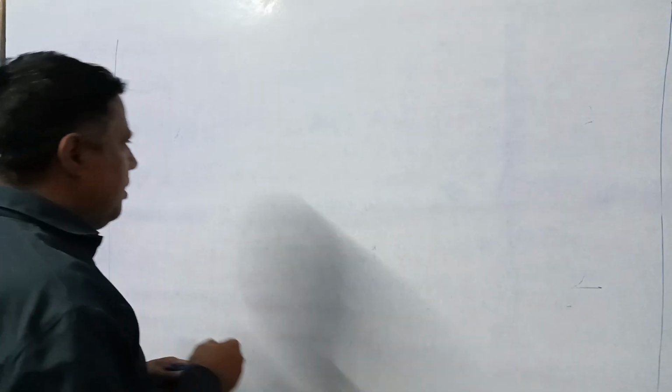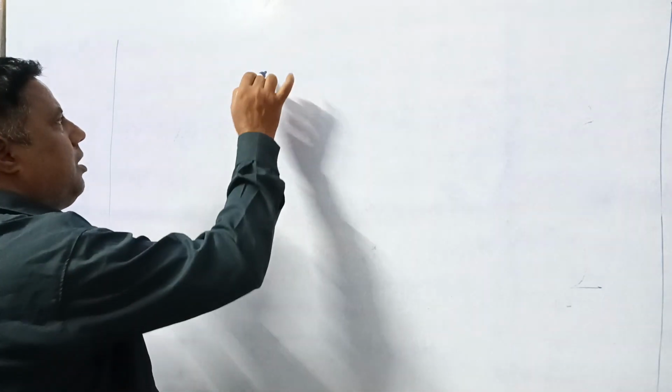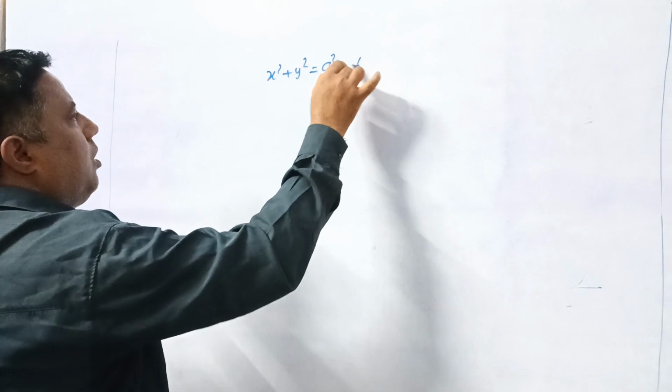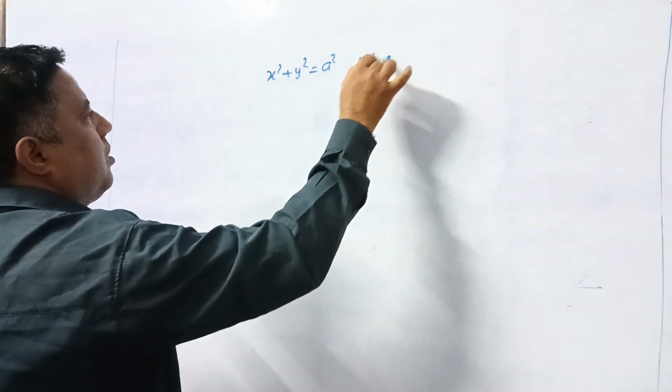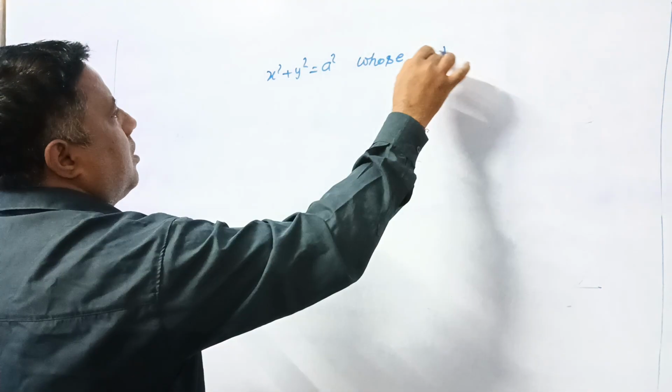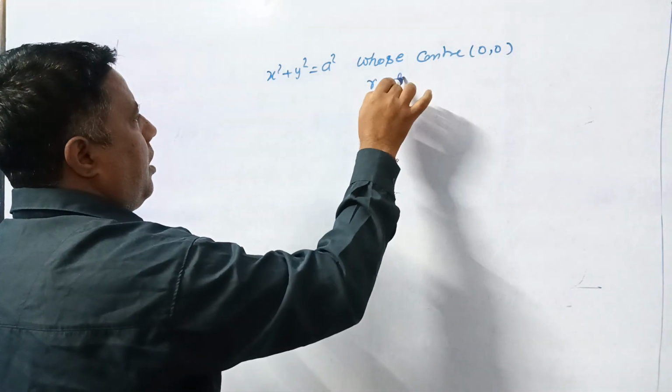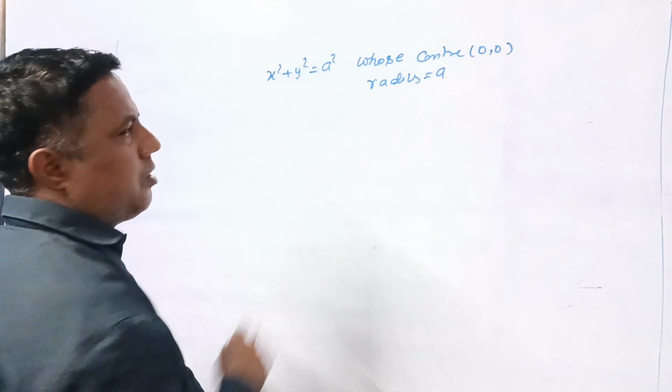Now the equation of the circle is x square plus y square equals a square, whose center is 0 0 and radius is a.